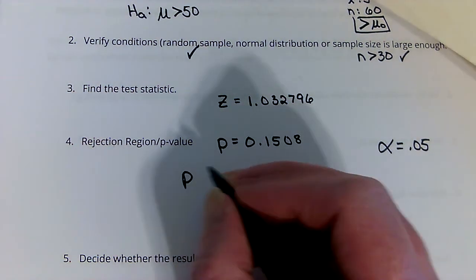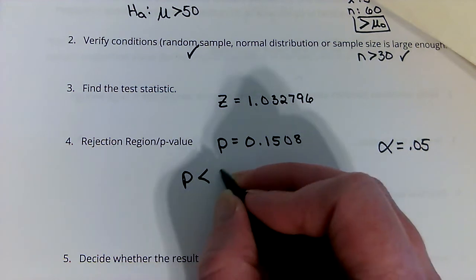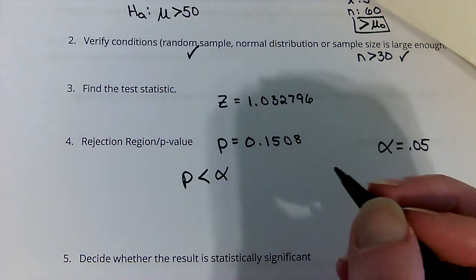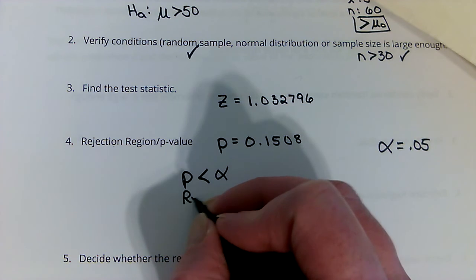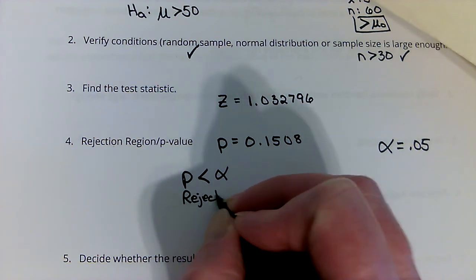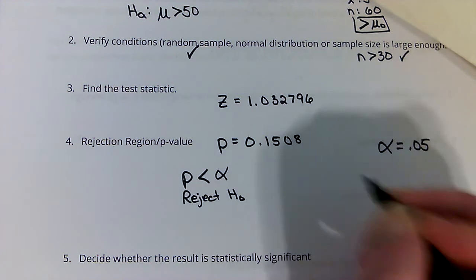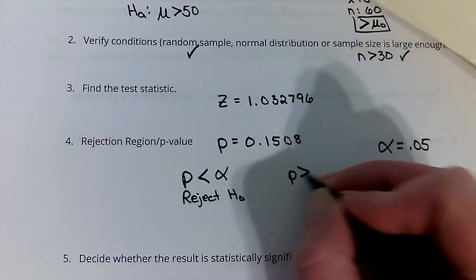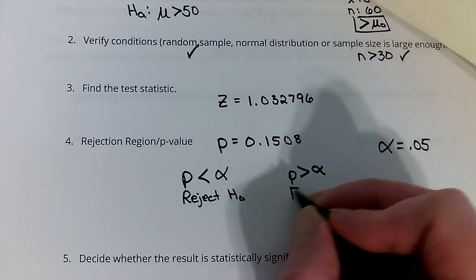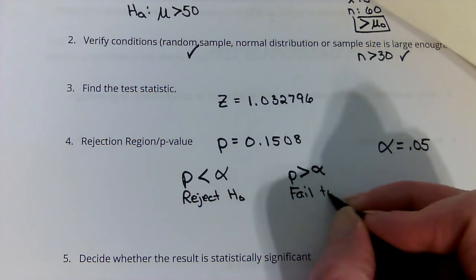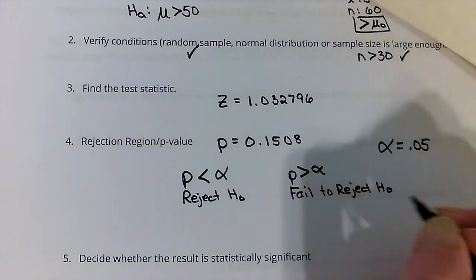So if our p-value is less than that alpha, that means we will reject the null. If our p-value is greater than alpha, we are going to fail to reject. So we're comparing those two values.